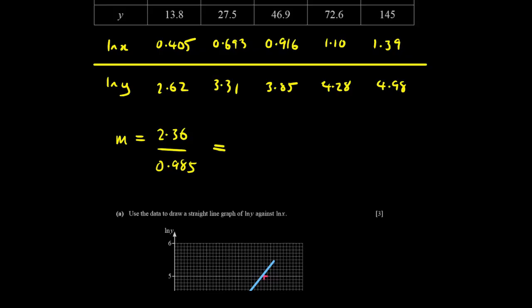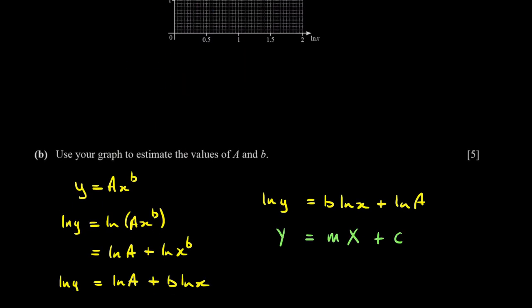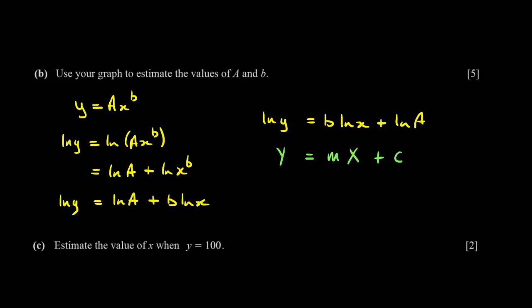And if I do that calculation, 2.36 divided by 0.985, I get 2.395. So we say that's 2.4. And the key thing is that we said that our gradient is the same as our constant b. So we can just say b is equal to 2.4.